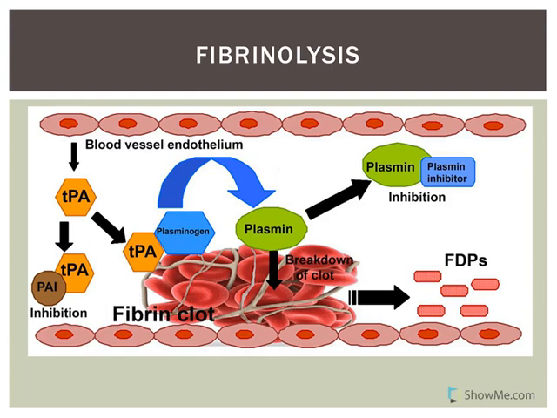These FDPs you see here, that's just fibrin degradation products. So it's in breaking down the clot itself. So the tissue plasminogen activator helps convert plasminogen to plasmin, and then the plasmin actually digests the clot.